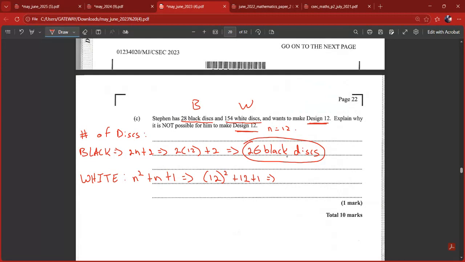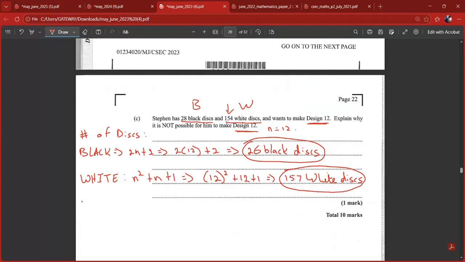When you work this out, you're going to get 157 white discs. But he only has 154, so he does not have enough white discs. So that is why this diagram is not possible for him to make.